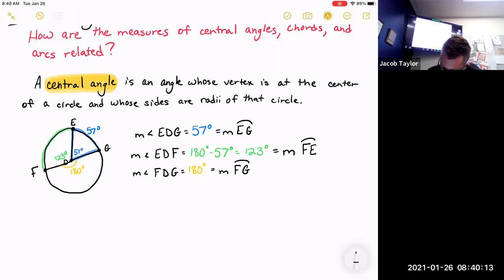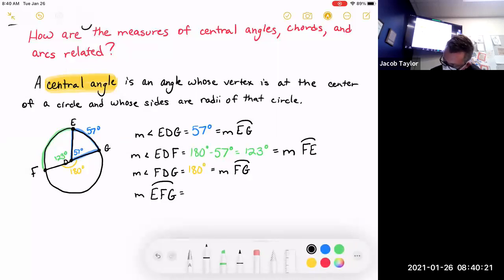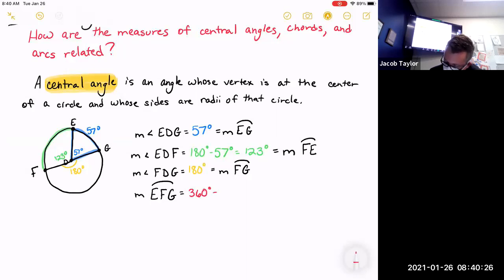Now, just for fun, we can figure out the measure of arc EFG by doing what Peyton suggested, which is 360 minus 57, which would give us 303 degrees.